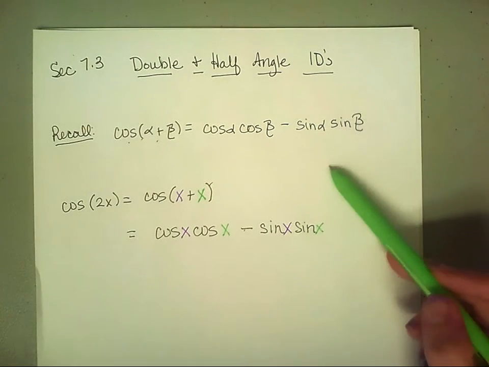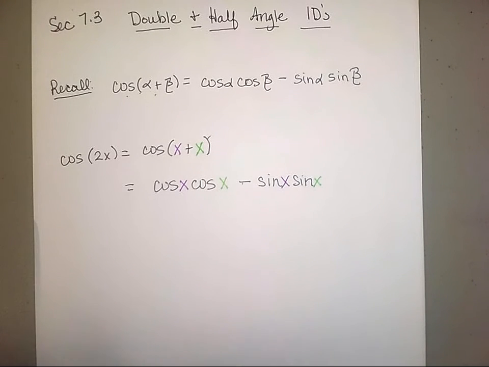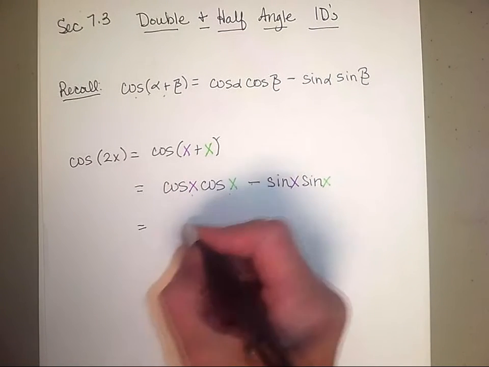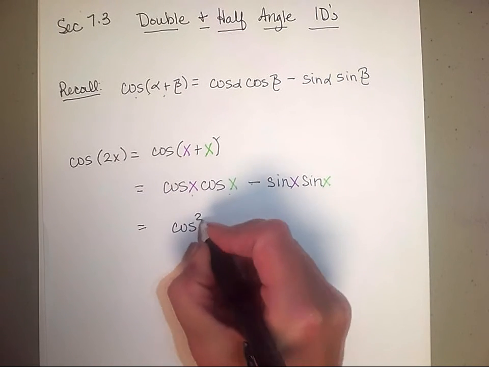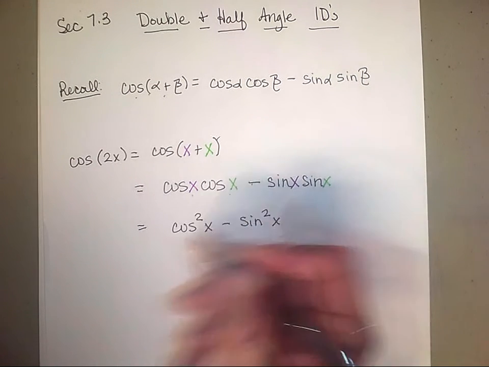So that's just applying the sum formula. Okay. Alright, well now this can be simplified because these are the same angle. So this just becomes cosine squared x minus sine squared of x.